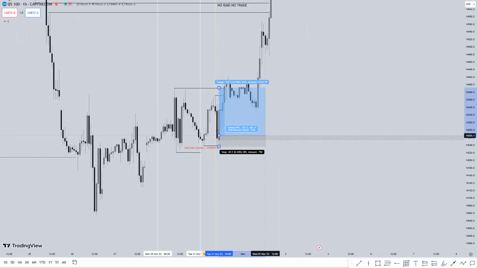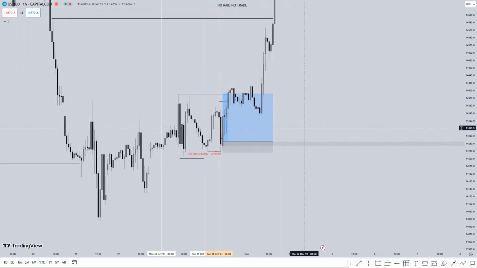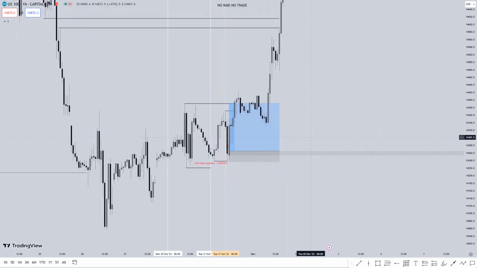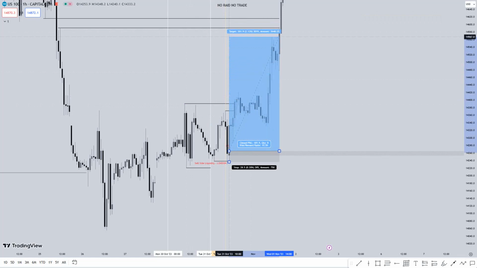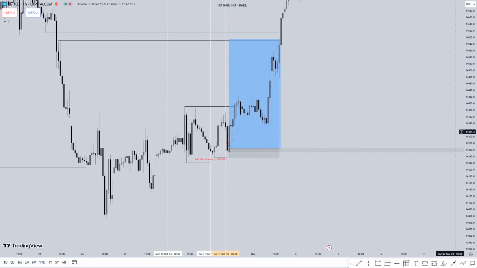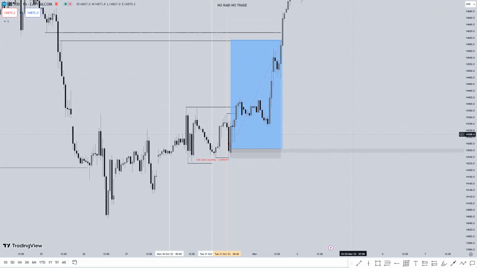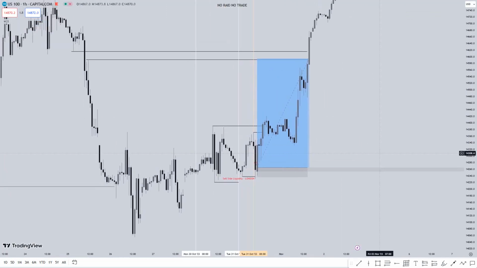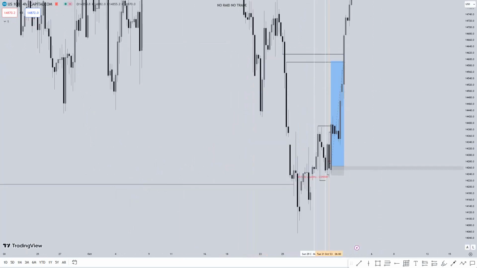Once price trades higher and through your previous day's high, and you can see there's no way that price is going to reverse, you can just manage your trade and hold for the draw which we originally saw on the higher time frame, which would be this point right here.